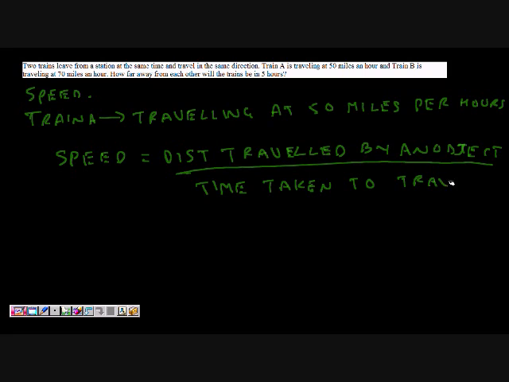Okay, so we can say in an hour, for example, train A travels 50 miles, so the speed of the train is 50 miles per hour.